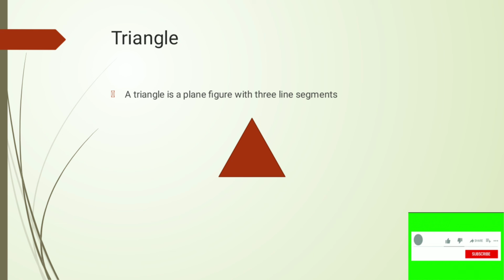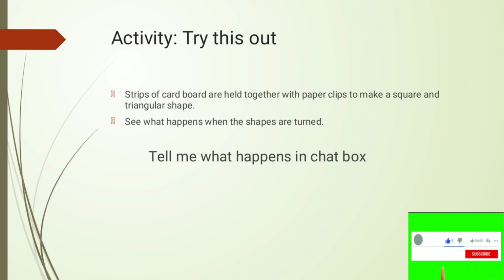But you're tired right now, so I'll give you an activity. What do we need for it? Strips of cardboard held together with paper clips at the vertices, and strips of cardboard are for the sides.